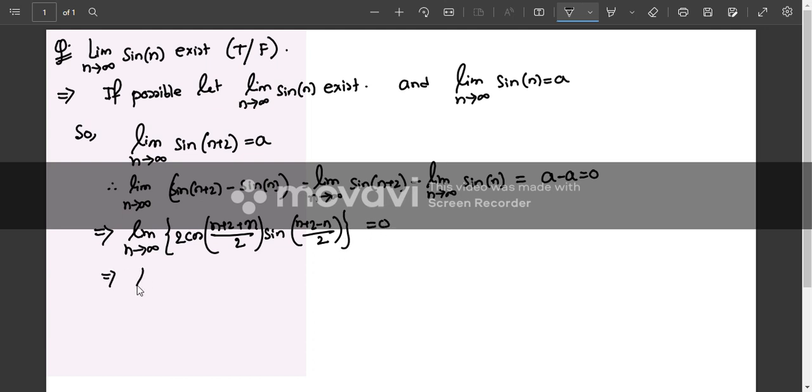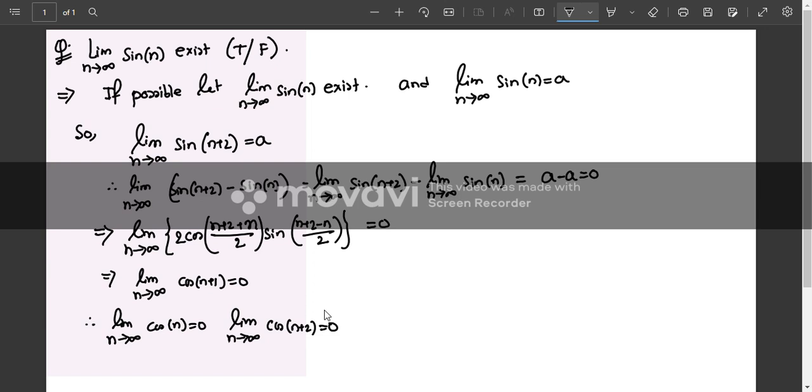So from here, the limit of cos(n+1) is 0, since 2 sin 1 is finite, where (n+2-n)/2 gives sin 1. So the limit of cos(n+1) is 0. Okay, so we can say that the limit of cos n is also 0 and the limit of cos(n+2) is also 0.